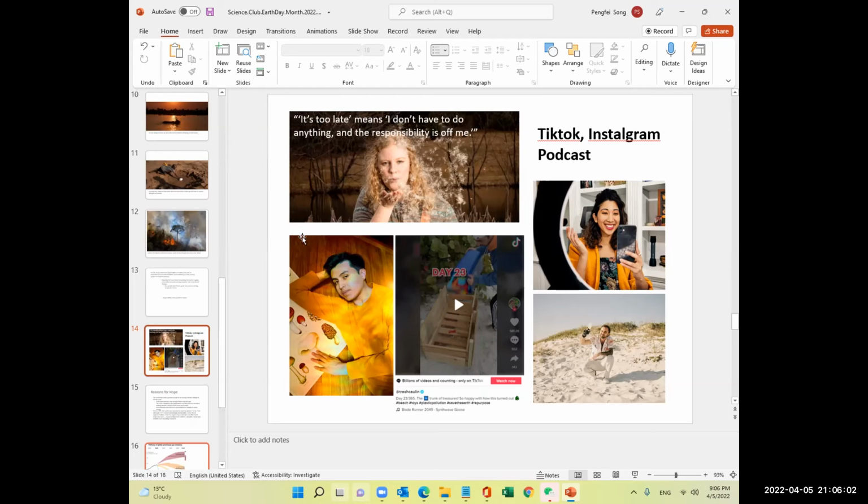In fact, a lot of young people have played a major role, advocating for Earth Day and for climate change through TikTok, Instagram messages or pictures, and podcasts. Right?